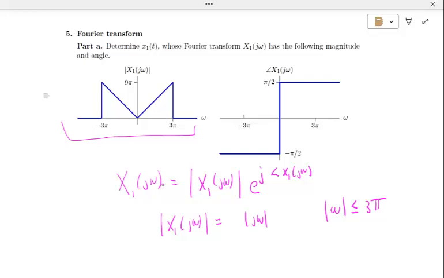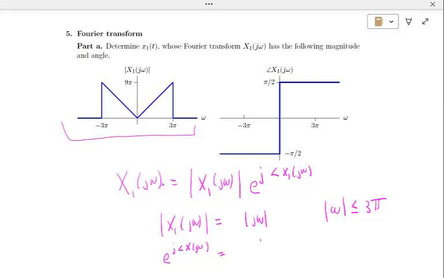And the phase is either pi over 2 or minus pi over 2, so this part here is either going to be j or minus j.